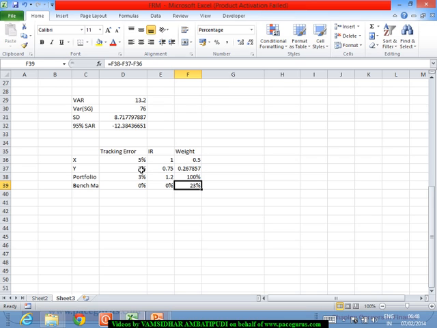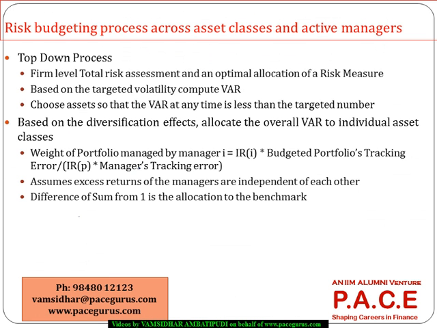So I'm investing directly 23% in the benchmark portfolio. 50% of the risk capital is being allotted towards portfolio X, and 26.7% of the total risk capital is being allotted to portfolio Y. That is the way we are trying to address the risk capital allocation to individual portfolios, right? Whatever is the difference of the sum from one is the allocation that we are doing to the benchmark.